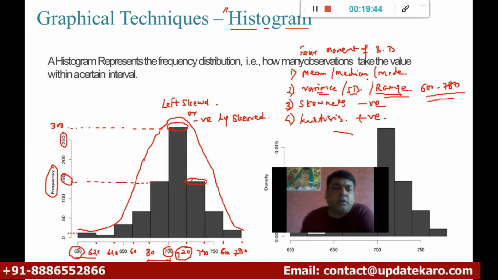Mean and median or mode, we can discuss about this as well, right? So mode may be lying between 700 and 720 scores, because this is the tallest building we can see over here. So the scores like maybe 740 or maybe 720.